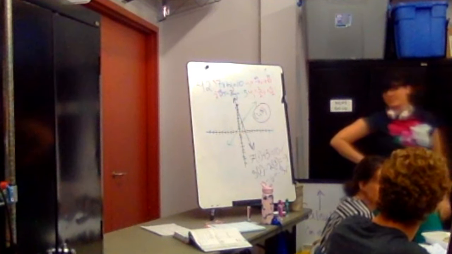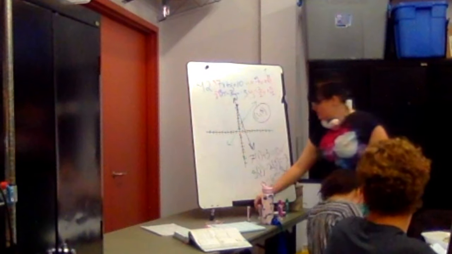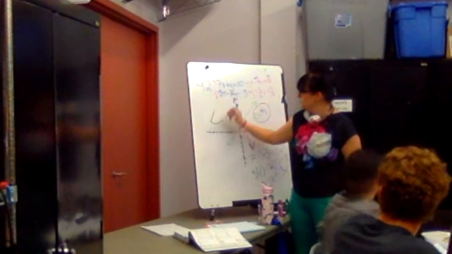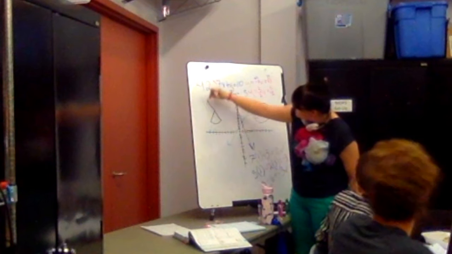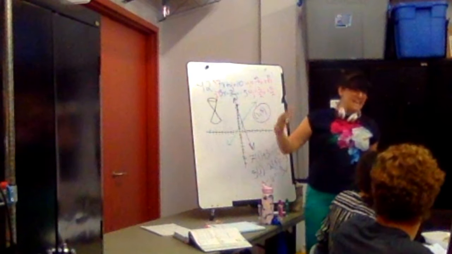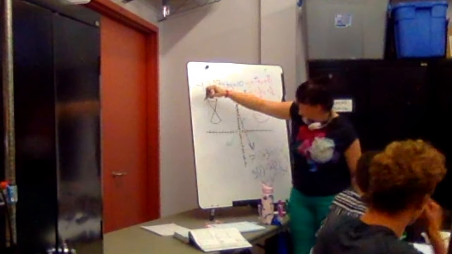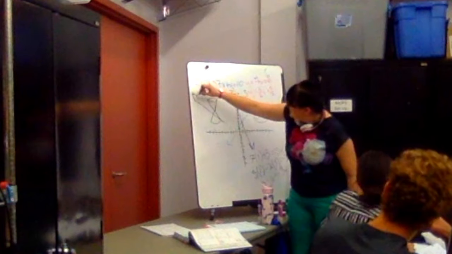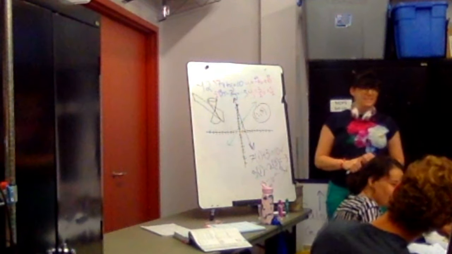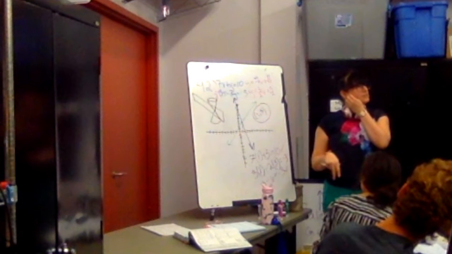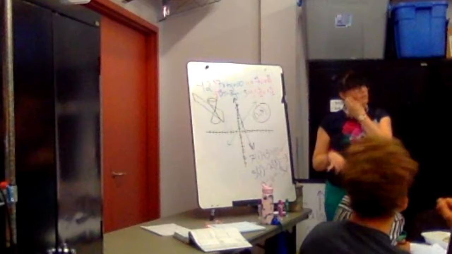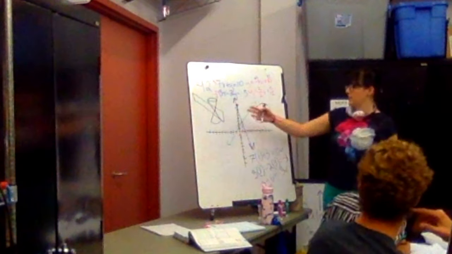The idea of a conic is that if you have two cones that are stacked on top of each other, and a plane intersects them, there are four possible ways that this plane can intersect.